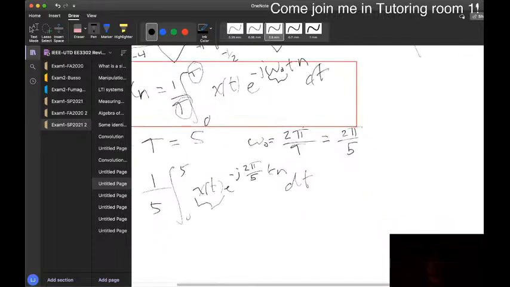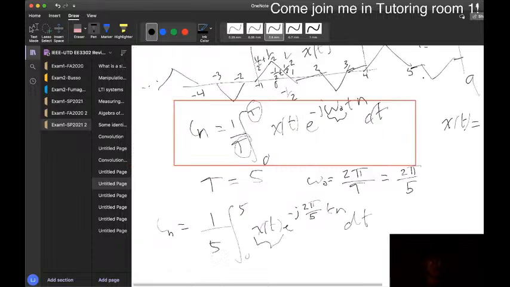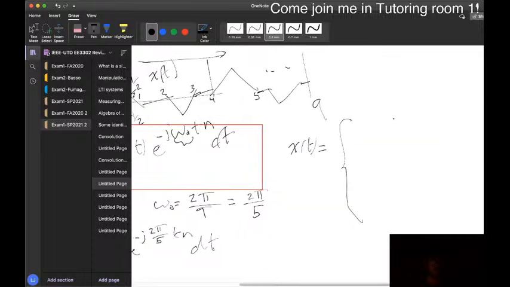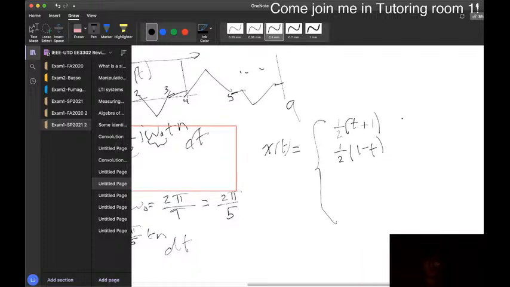Let me summarize this here. X of t is 1/2 t plus 1 and 1/2 (1 minus t), for t between -1 and 0, and then 0 to 1.